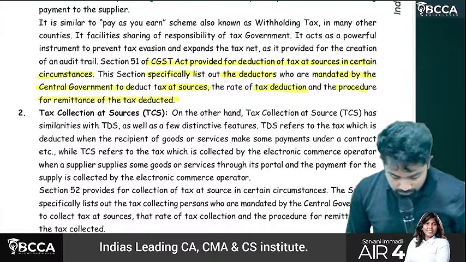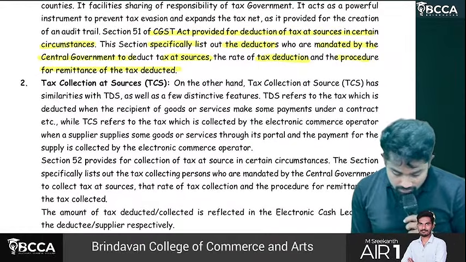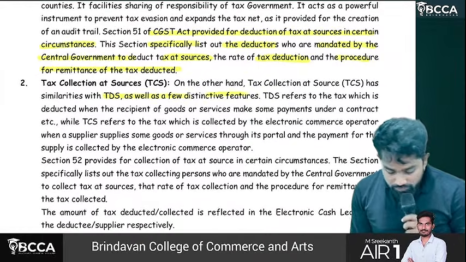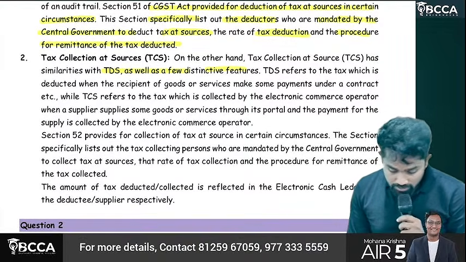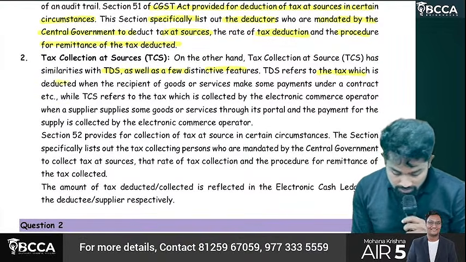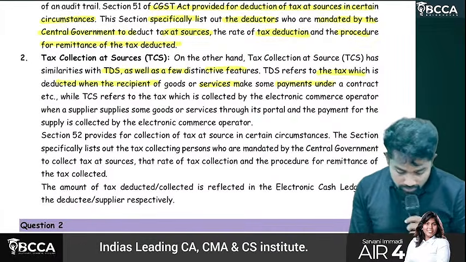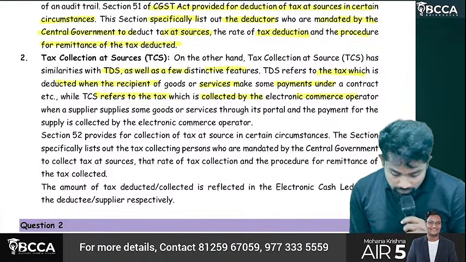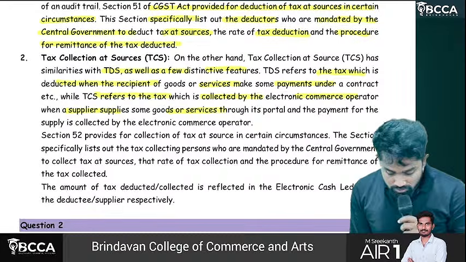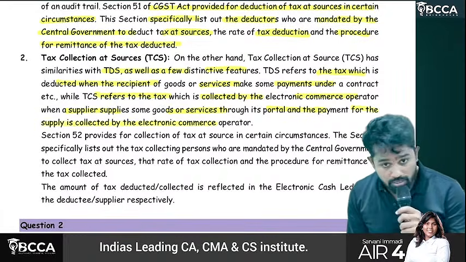Then TCS. TCS has similarities with TDS as well, with a few distinctive features. TDS refers to tax which is deducted when the recipient of goods or services makes payment under a contract, whereas TCS refers to tax which is collected by the ECO when a supplier supplies goods and services through its portal, on the payment for the supplies collected by the ECO.